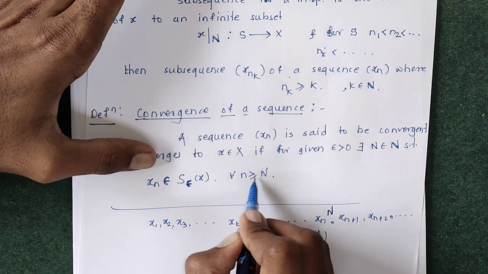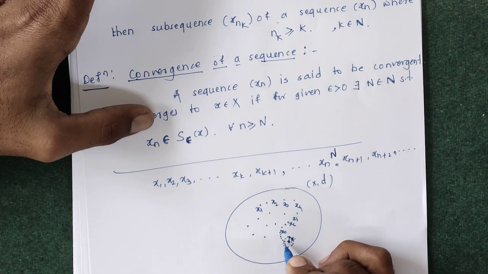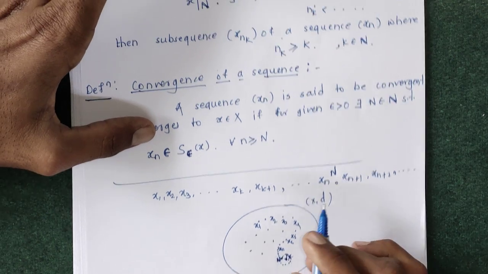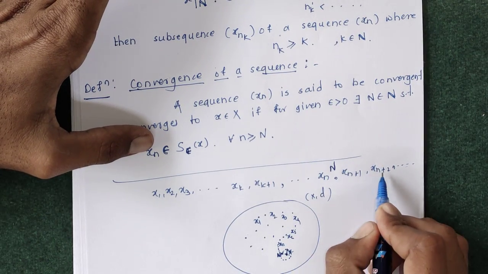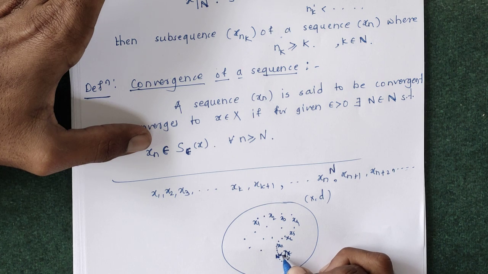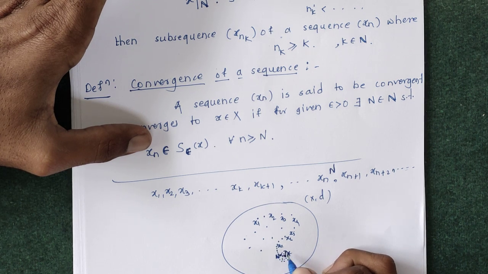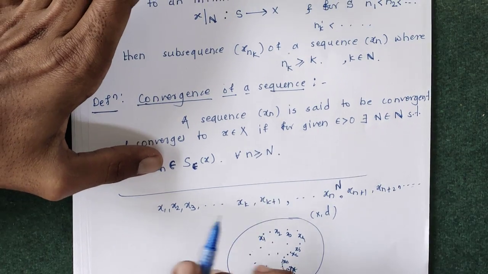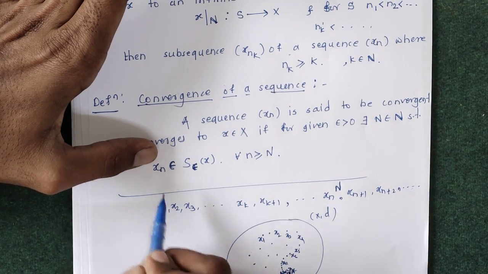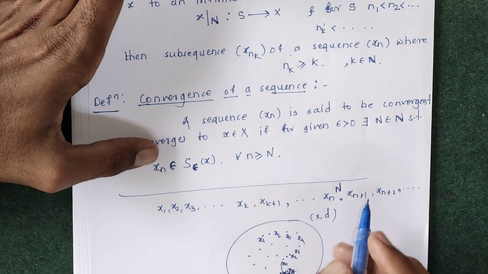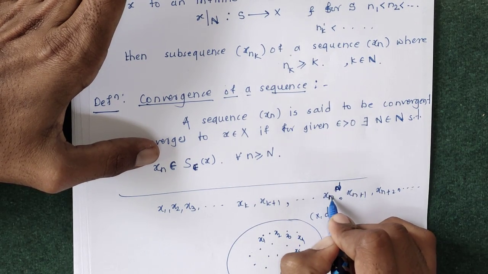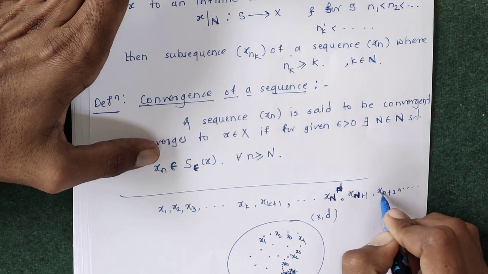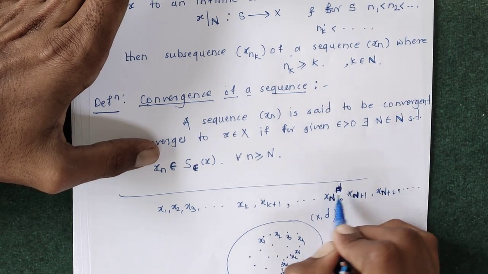That is, suppose there exists some N, and after that N plus 1, N plus 2, N plus 3, N plus 4, N plus 5, all the rest of the elements lie inside this open sphere. So the first N elements, x1, x2, x3 up to xn, then xn plus 1, xn plus 2 and so on, are all the elements of the sequence.